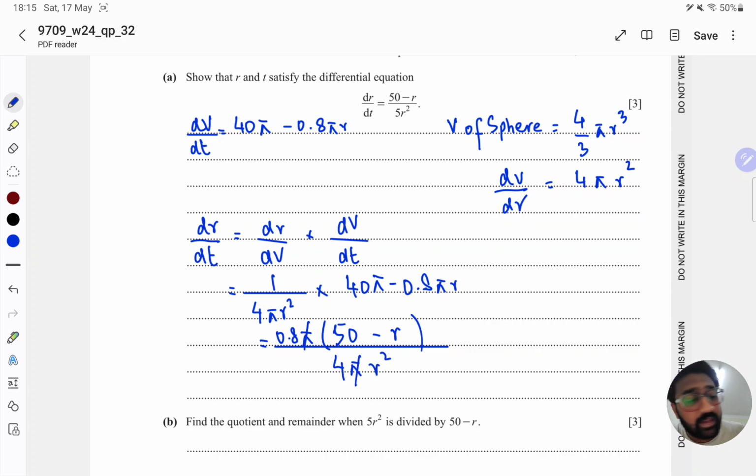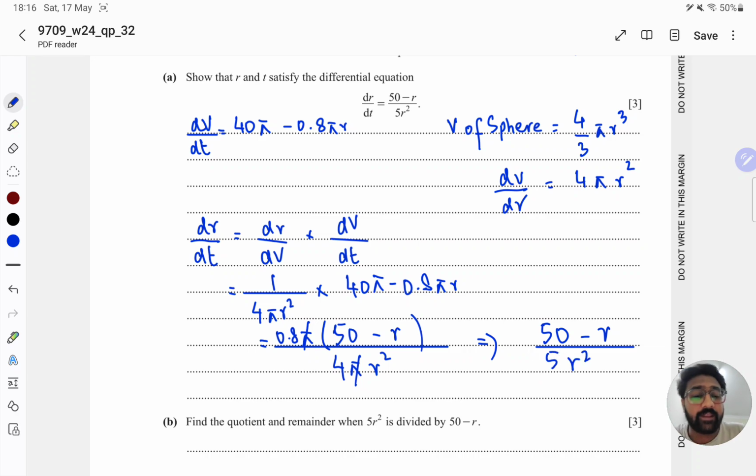Now pi and pi will cancel out. If I divide 0.8 by 4, it gives me 1 over 5. So it is 1 in the numerator. I am left with 50 minus r divided by 5r squared.